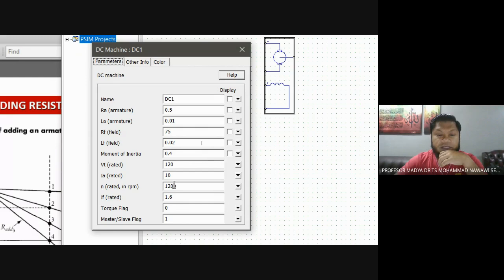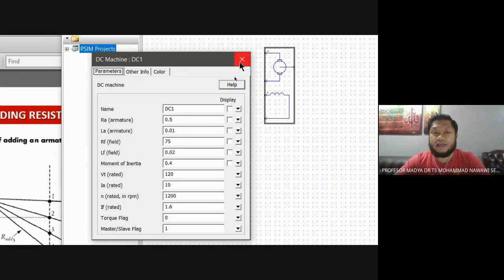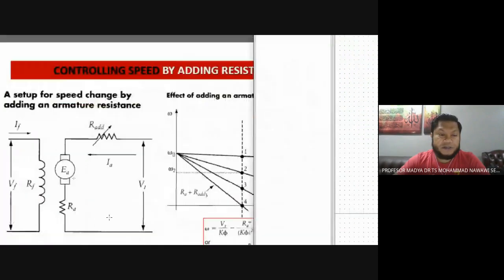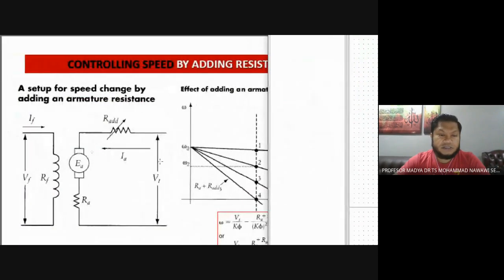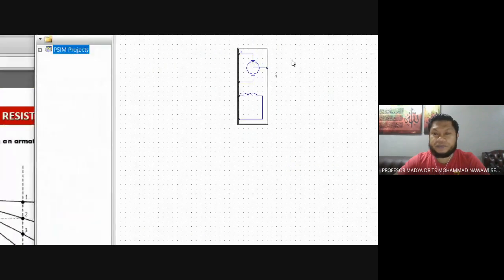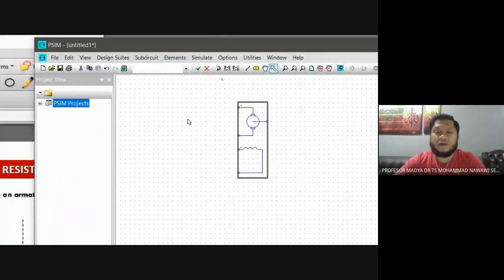So if you divide 120 volt by 75, the field winding resistance, you get 1.6. So that's IF. Okay. So you don't need to change anything on that. Then you put in what? The source. You have two sources here.